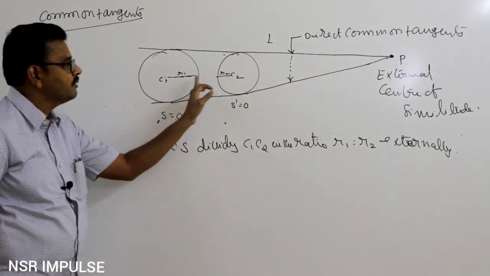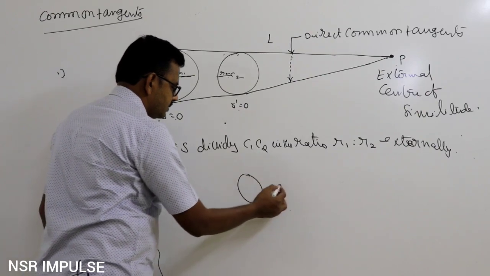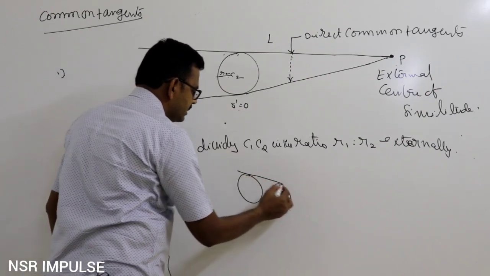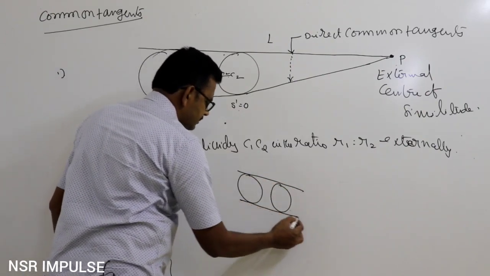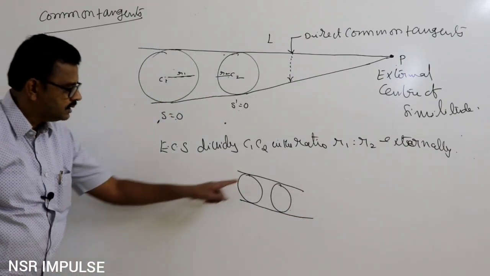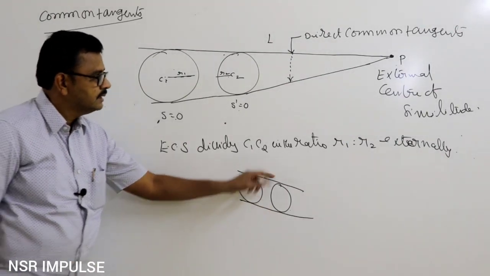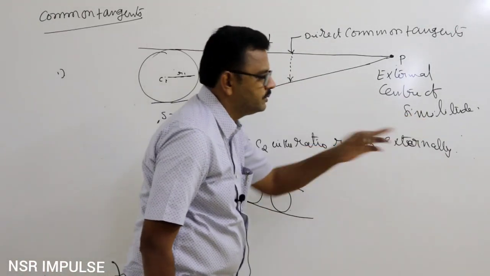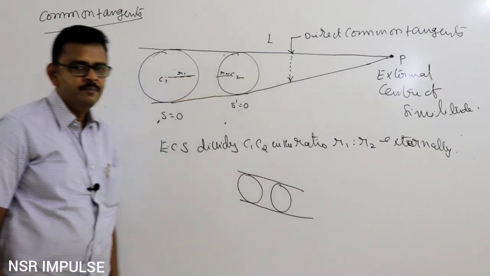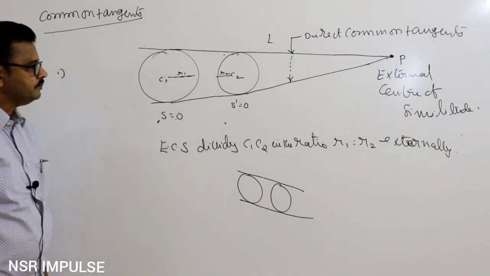Suppose R1 is equal to R2, then the two direct common tangents are parallel. In this case, the two tangents do not intersect, which implies the external center of similitude does not exist.